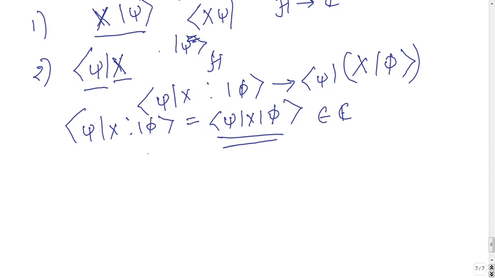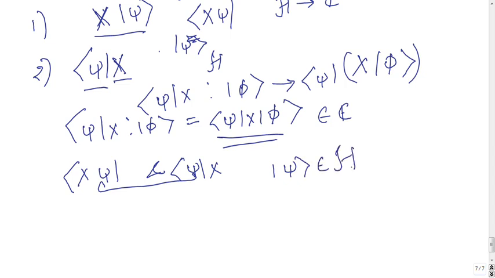Okay. However, both of them, this ξ and ξ outside the angle bracket, in general are not equal. If they are the same for any ket ξ in the Hilbert space, then the operator X is said to be Hermitian or self-adjoint. Okay, this is how we look at the Hermitian operator.